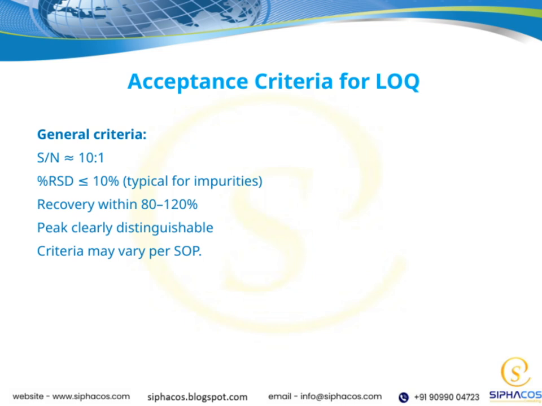Recovery rates should fall within the range of 80 to 120%, indicating that our method accurately captures the analyte without significant loss or overestimation. Additionally, the peak corresponding to the analyte needs to be clearly distinguishable from other signals, ensuring that our identification is unambiguous.